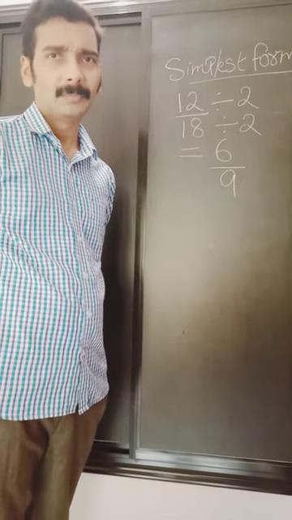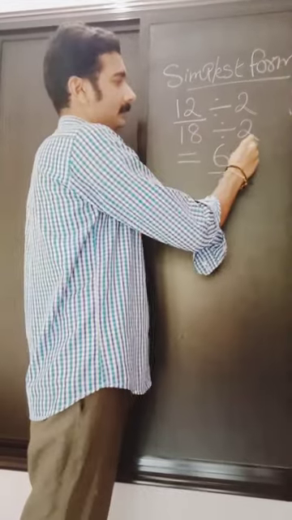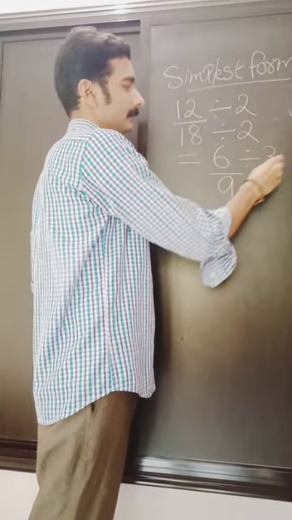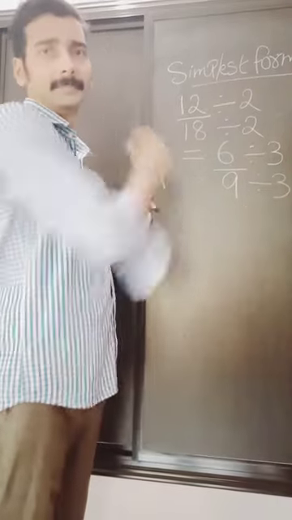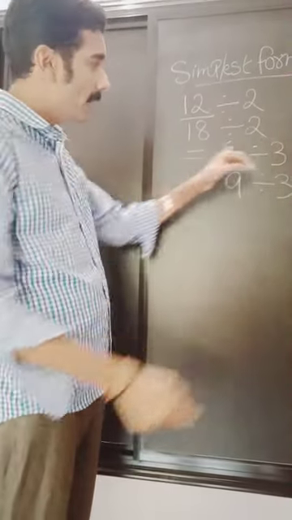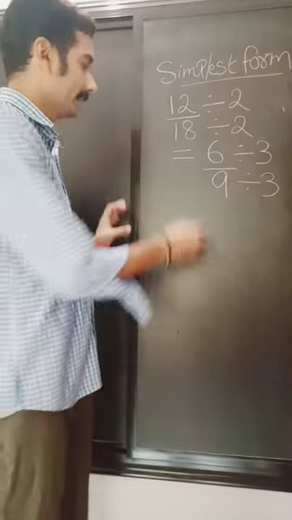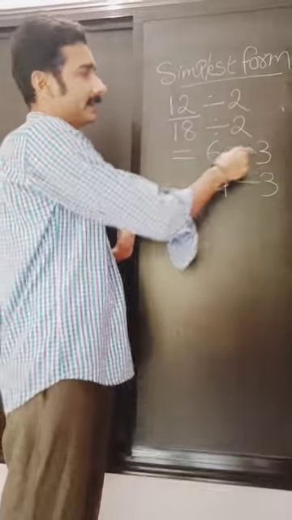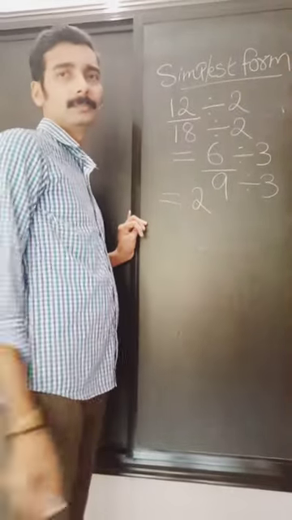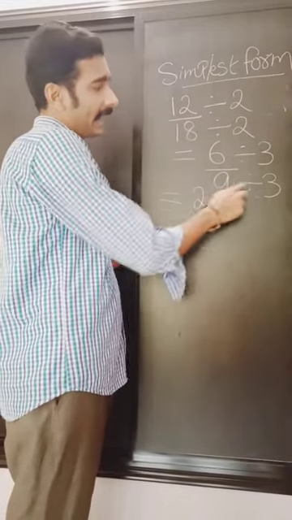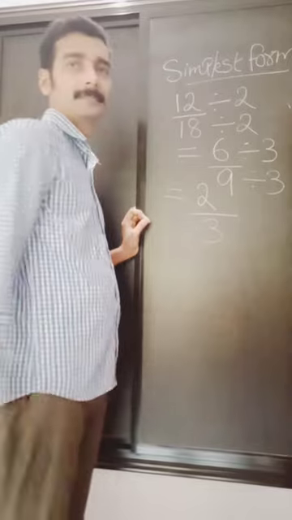Another, which number divides 6 and 9? 2? No. We divide by 3. It is common divisible by 6 and 9. The result is 6 divided by 3, that is 2, by 9 divided by 3, that is 3.